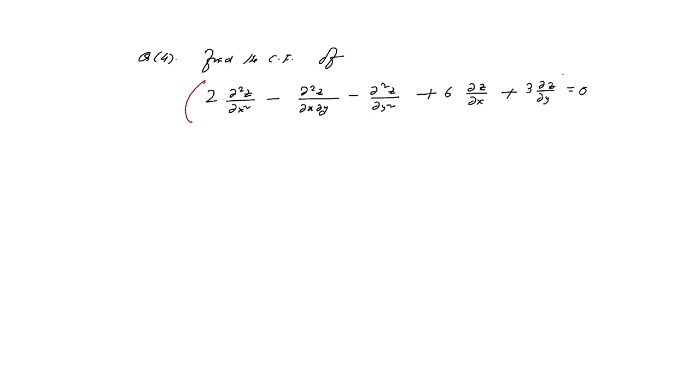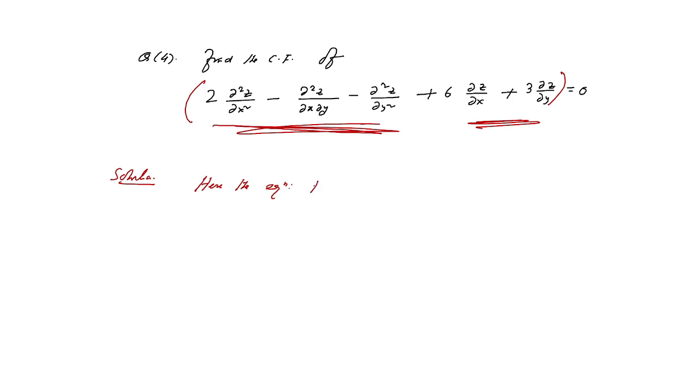Okay. So here one important observation, up to this they are all second order, but here the first order is also present. So what we will do, hence the auxiliary equation, we will replace del z del x by h and del z del y by k, so that will be f(h, k) equals to 0.